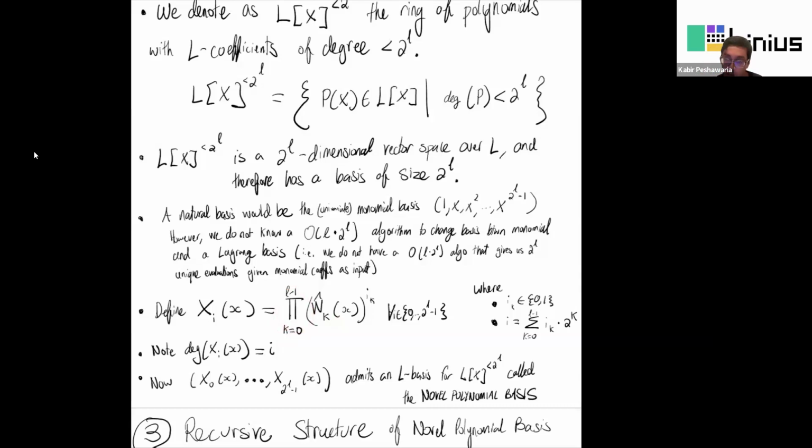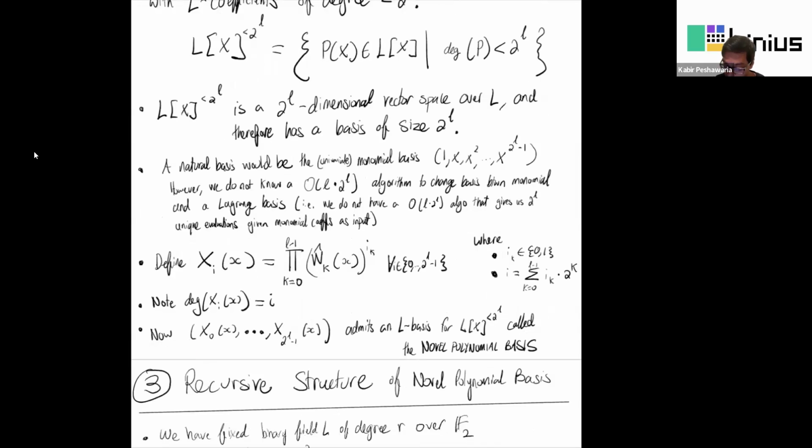Recall that if I take polynomial p and polynomial q and multiply them, the degree of the total thing is the degree of p plus the degree of q. And what is the degree of this W hat k? It's 2 to the k. So the degree of Xi is in fact going to be, I'm basically adding 2 to the k whenever the kth bit of i is equal to 1, which means that the degree of Xi is going to be exactly equal to i.